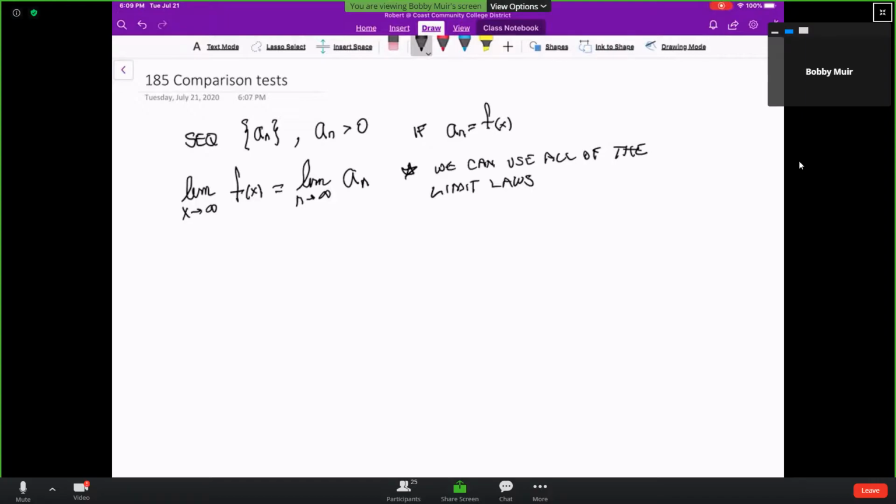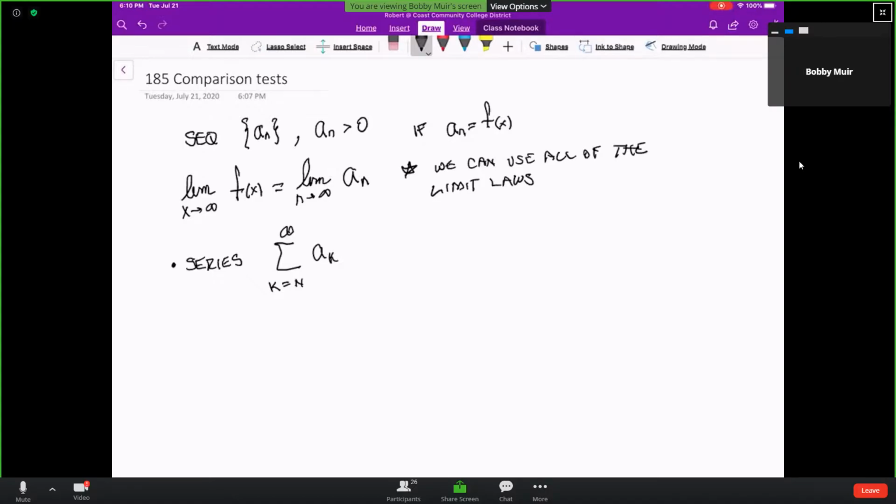So we can use all the limit laws, all right? And so we had some results about monotone bounded sequences must have a limit, okay? So then we start talking about the series, which is adding them all up, k equaling some starting point, a sub k.